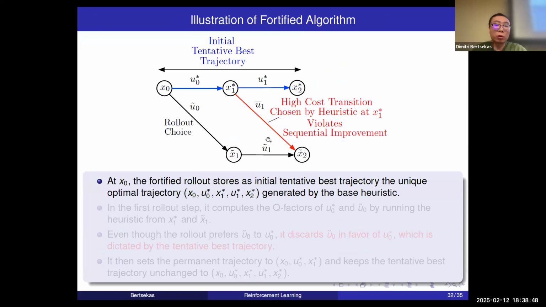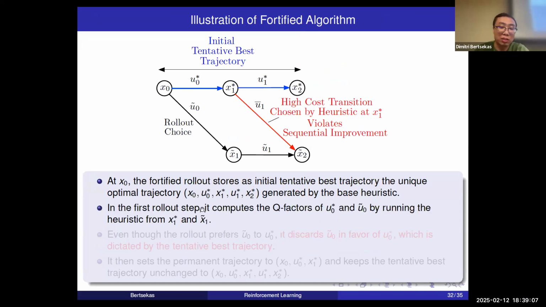Now let's illustrate fortified rollout using the counterexample we just talked about. So at state x0, the fortified rollout stores as initial tentative best trajectory the unique optimal trajectory, which is this one, generated by base heuristic.